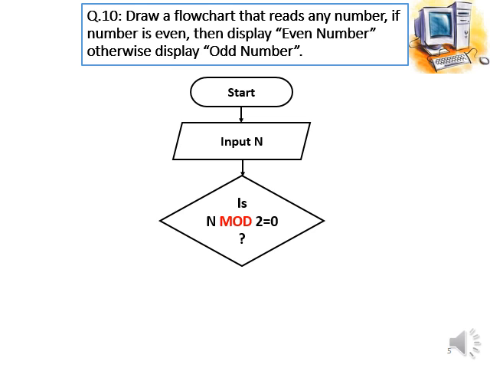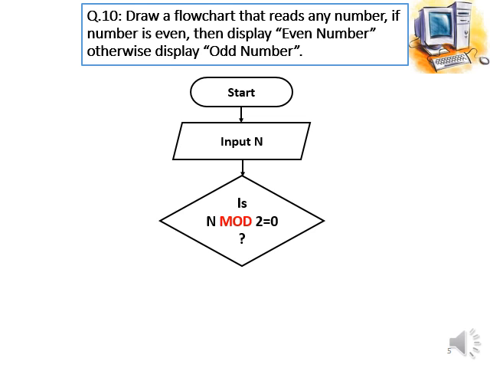When any number is divided by any other number and we are using the mod operator, it will give us the remainder. For example, consider that the value of n is 5, and 5 mod 2. What will be the remainder? If 5 is divided by 2, the remainder will be 1.